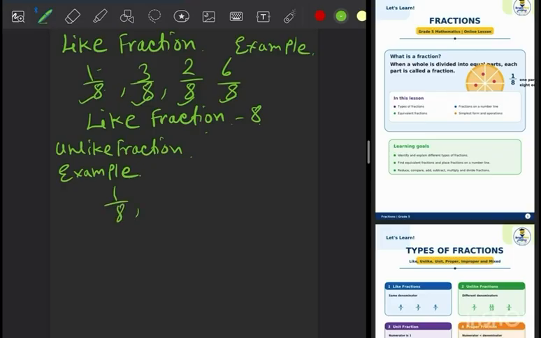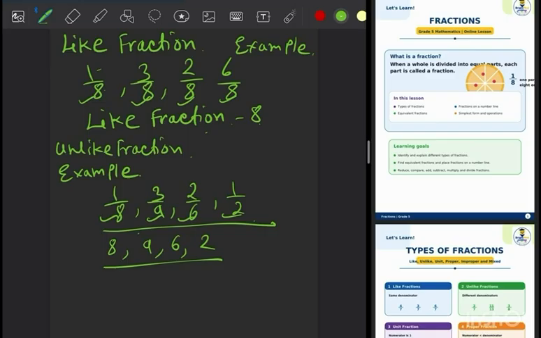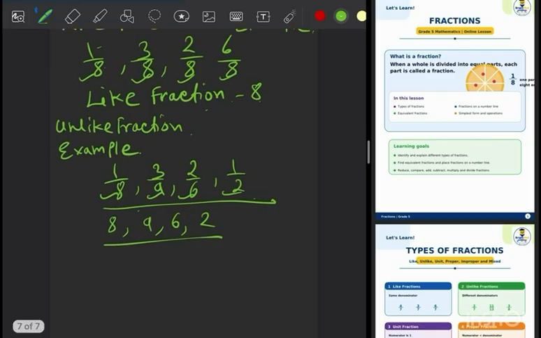For example, 1 by 8, 3 by 9, 2 by 6, 1 by 2. These are unlike fractions because they all have different denominators. Here 8, 9, 6, 2 are all different denominators. So they are called unlike fractions.